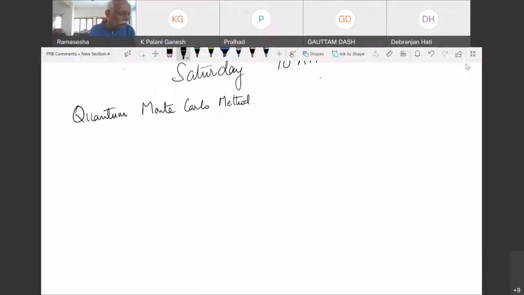What one has to do is there will be times when we need to update the inverse of a matrix. This is something that you come across in quantum Monte Carlo if you ever do it.